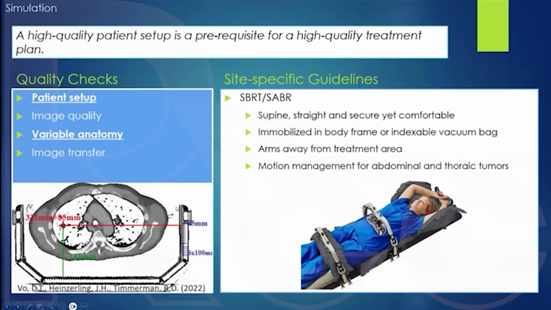And additionally, we don't want to have dosimetric uncertainty due to differences in path length based on arms moving around within the field. So 2 considerations. Now, patient management for abdominal and thoracic tumors is very important because of the effects of cardiorespiratory motion. And we'll go into more detail on that.